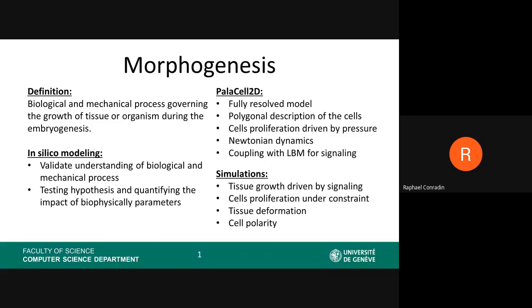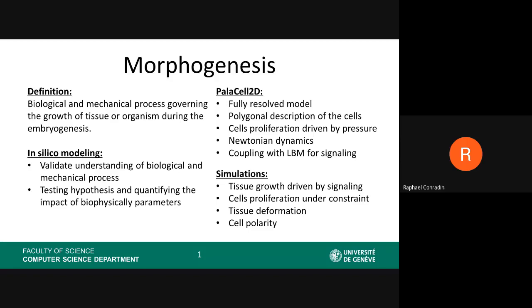So in my model, I use a fully resolved model, as I called it, I will explain a little bit after. We use a polygonal description for the cells. The cell proliferation is driven by pressure.